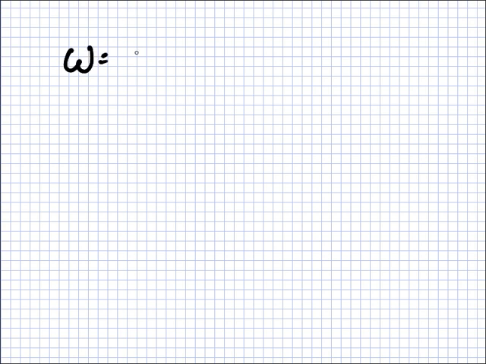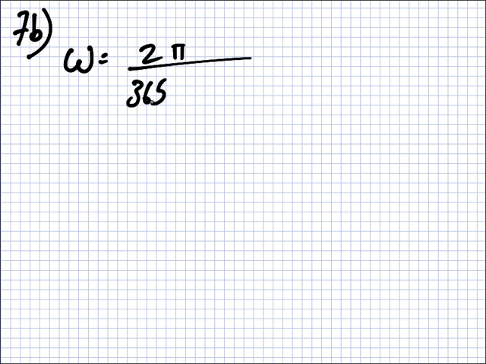That's omega equals 2 pi over T. This is number 7b in circular. What's happening is it's just the Earth going around the Sun. So the time will be 365 days times 24 hours times 3,600 seconds in an hour. That's the omega for the Earth going around the Sun in a circle.